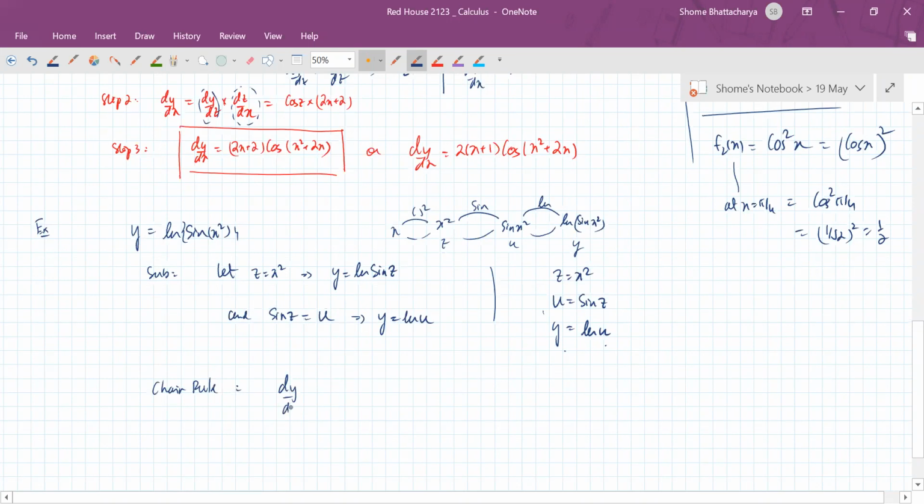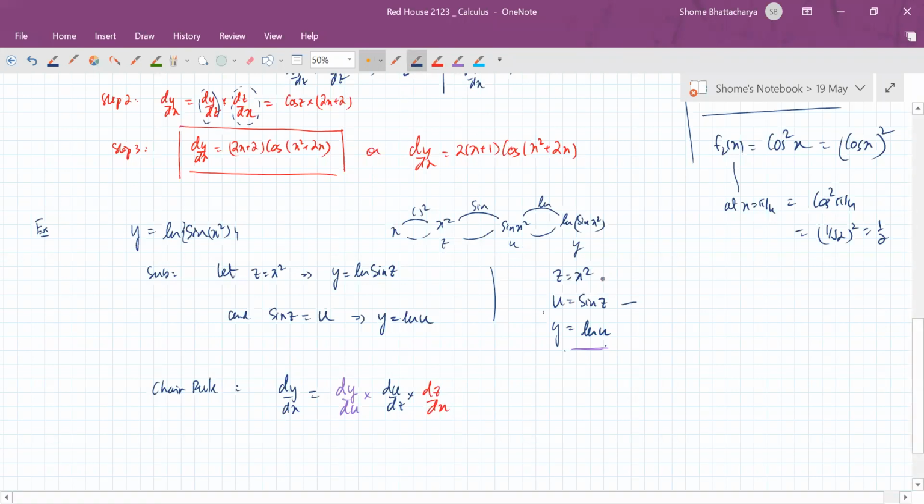So dy by dx, when we substitute, now we can see here that y is related to u. So this is dy by du. But then in turn u is related to z, so into du by dz. And in turn z is related to x, so we have dz by dx.